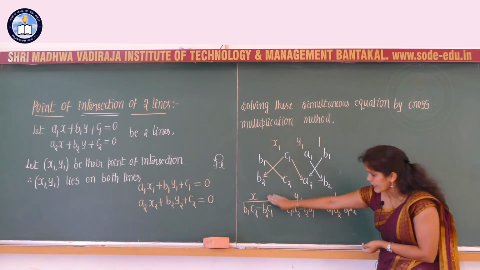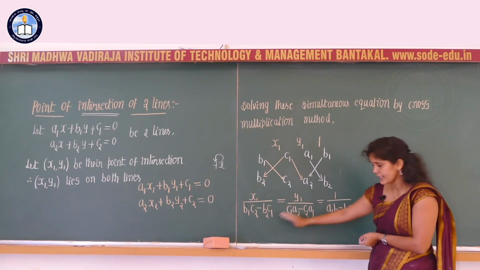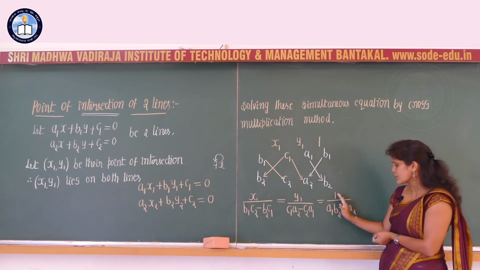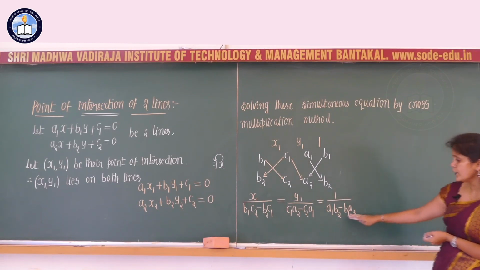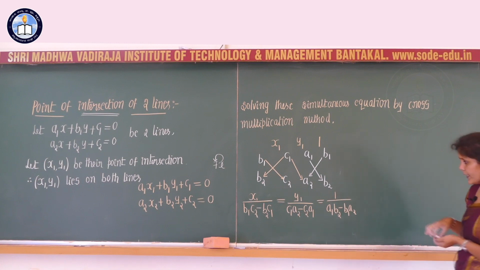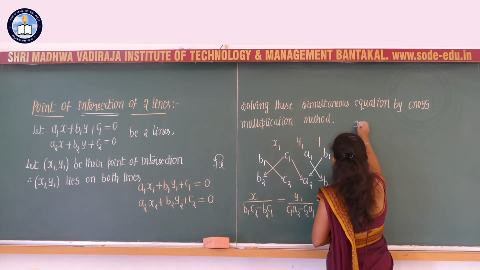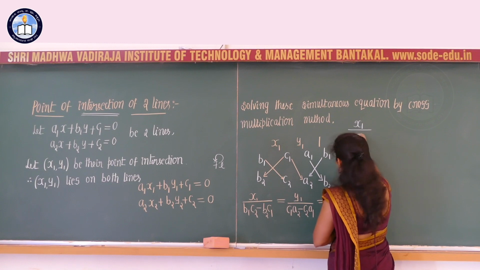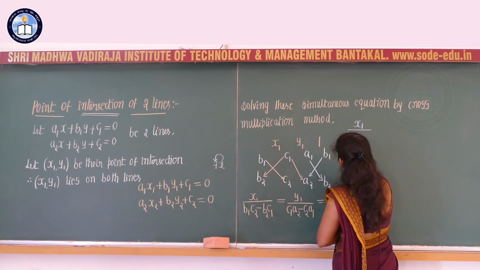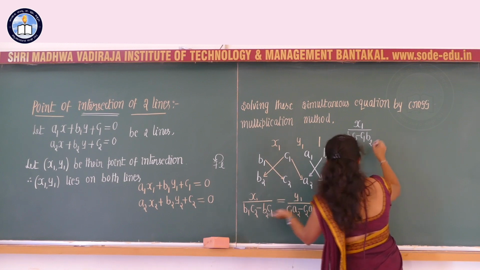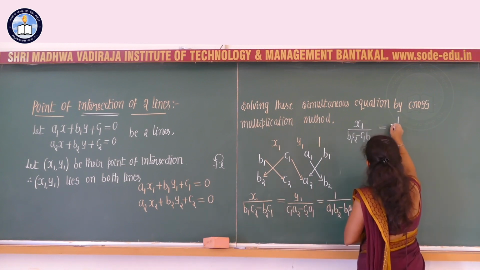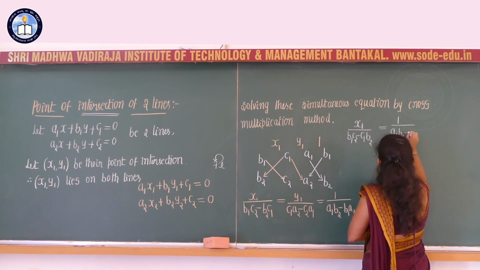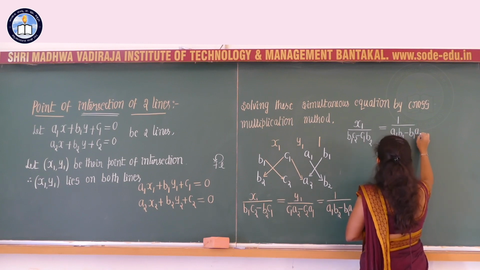Now in order to get the value of x1, I am equating x1 divided by the first term to the third term, that is 1 divided by a1 b2 minus b1 a2. That I can write as x1 divided by b1 c2 minus c1 b2, which is equal to 1 divided by a1 b2 minus b1 a2.